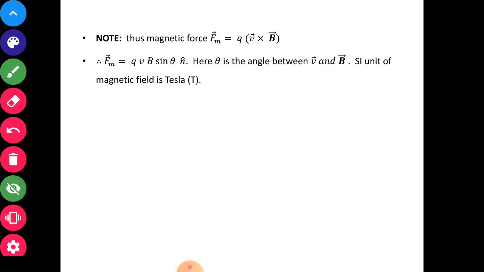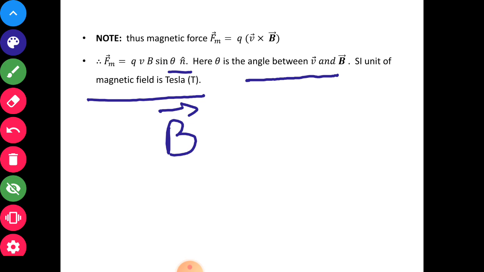We write n cap to show the vector which is perpendicular to the plane formed by V and B. So n cap is a unit vector perpendicular to the plane formed by V and B, and theta is the angle between vector V and vector B. The SI unit of magnetic field is Tesla. Magnetic field is denoted by B and its unit is Tesla.